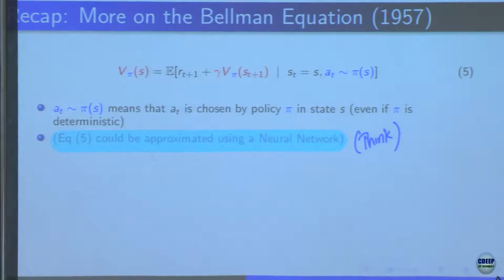What was the Q function? What was the difference between Q and V? The value function was the expected cumulative reward with possible discount. The Q function is, at the current state S, if I took an action A, then what is the expected cumulative reward? That's the only difference.